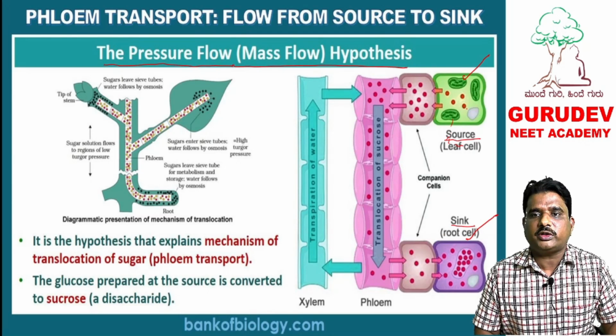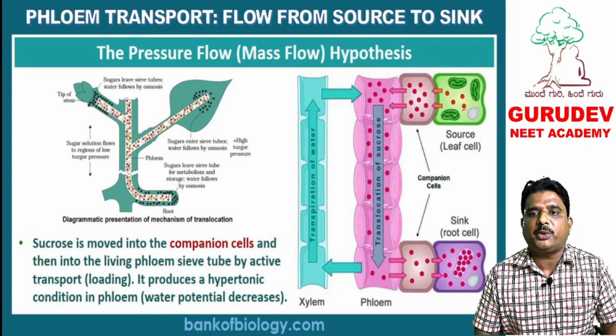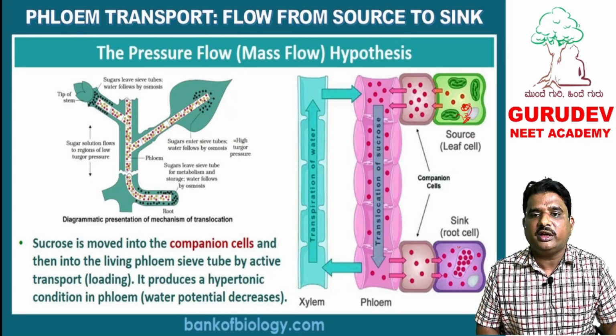Why is it a source? Because here food is continuously synthesized, food is prepared. That's why it is called source. And here food is continuously used and stored. That's why it is called sink. So food is synthesized here, that's why it is a source, and food is consumed, that is called sink.